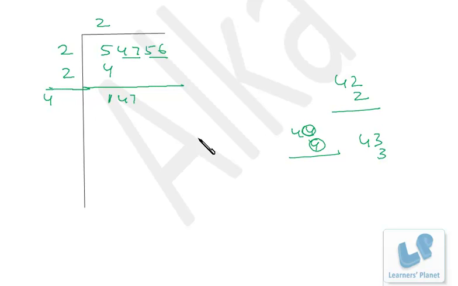So let's see, 43 into 3: 3 3s are 9, 3 4s are 12, so 129. 44 into 4: 4 4s are 16, so 176. So 176 is more than 147, so we have to choose 43 into 3. And you write 3 over here also. So 43 into 3 is 129.